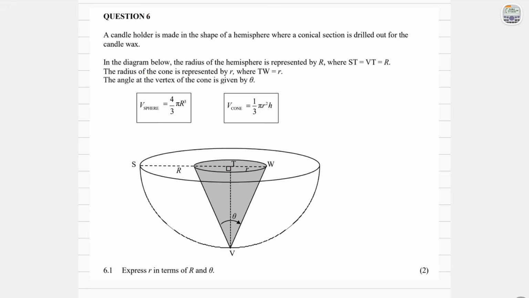The radius of the cone is represented by small letter r, where TW is equal to r. The angle at the vertex of the cone is given by theta, so that is the angle. If you cut this into a flat shape, you can see this is the angle they are referring to.